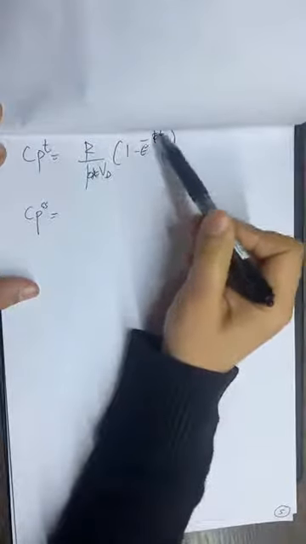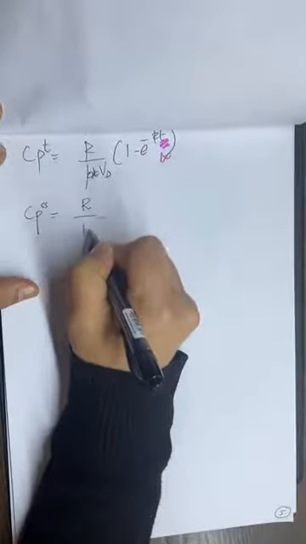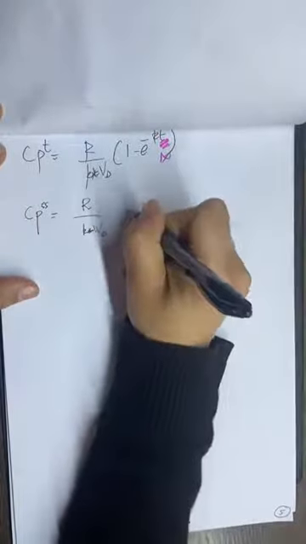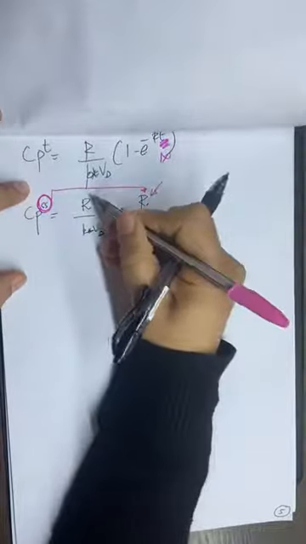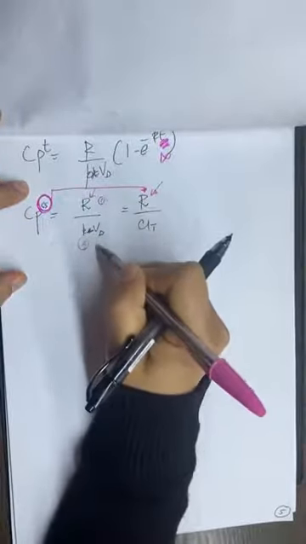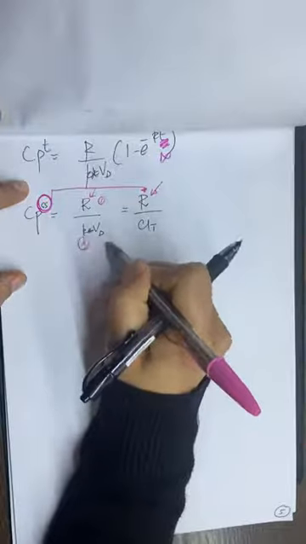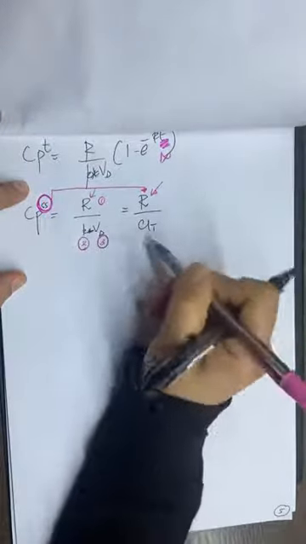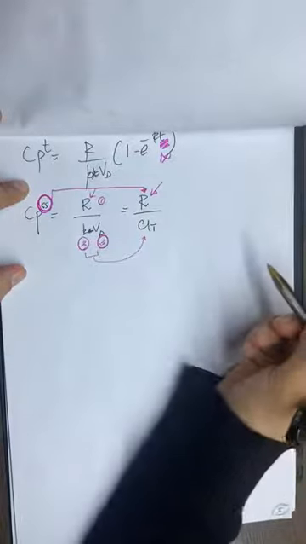If we have infinity, we will lose this term, 1 minus this will be 1, so it will be R over k multiplied by Vd, which will be equal to R over total clearance, which means that the steady state concentration is proportionally related to the rate of infusion, and it depends also on the elimination rate constant and apparent volume of distribution, or the systemic clearance.